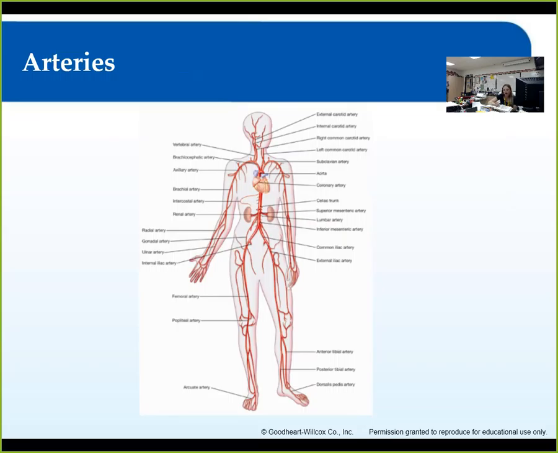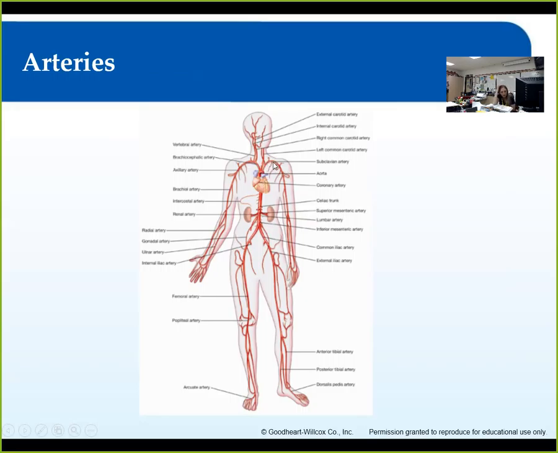And really, you guys should know, I didn't tell you this on the right-hand side, but one other one you need to know is on the left side of this page, on 390, the brachiocephalic artery. Because I want you to know those three that come off of the aorta: your brachiocephalic artery, your carotid artery, and then your subclavian artery.